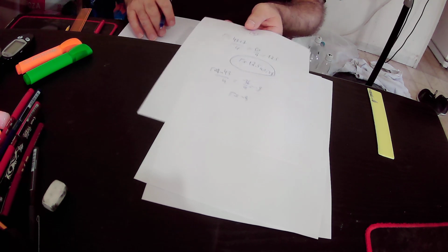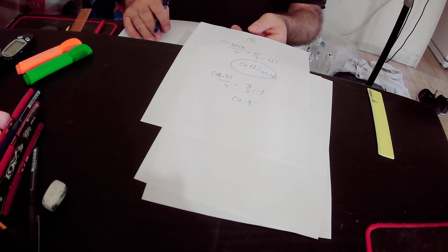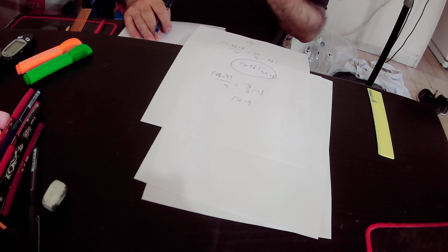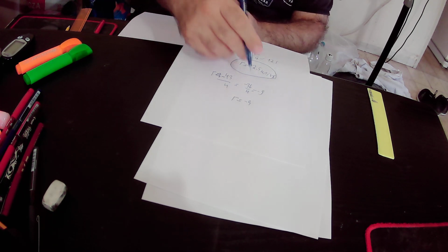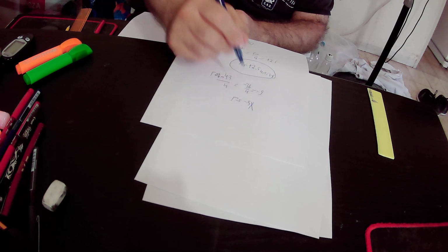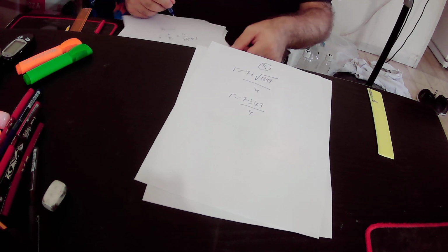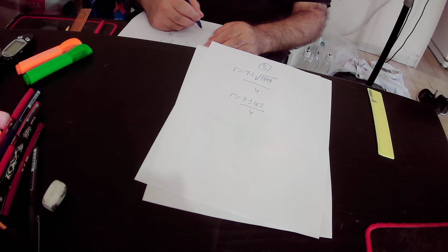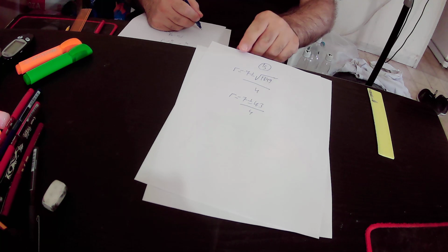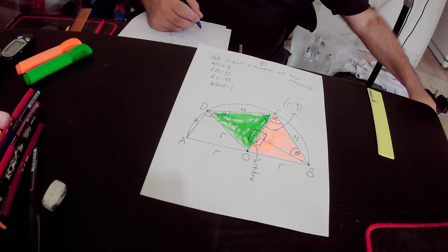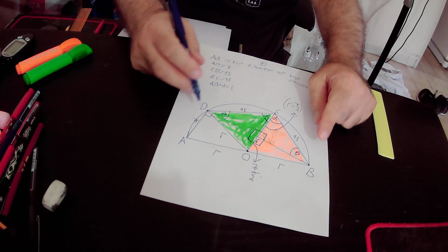But r is the radius of the semicircle and it must be a positive number, so this possibility is incorrect, and we are left only with the possibility that r equals 12.5 units. We know that AB is the diameter of this semicircle.